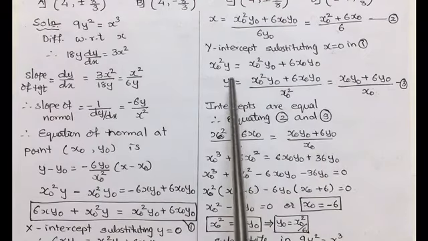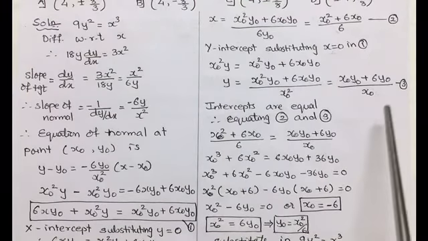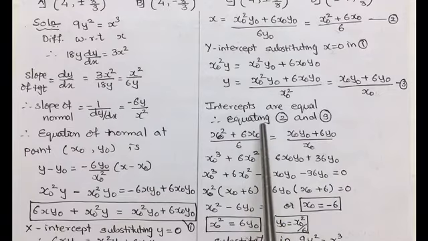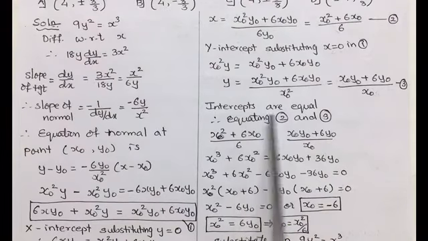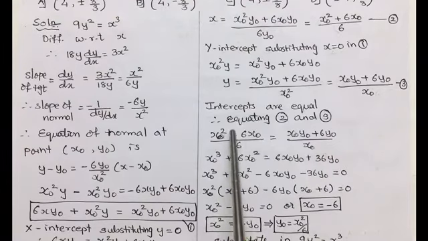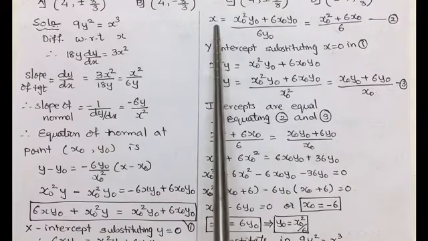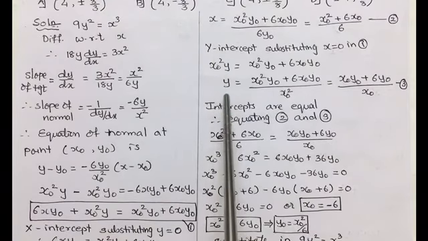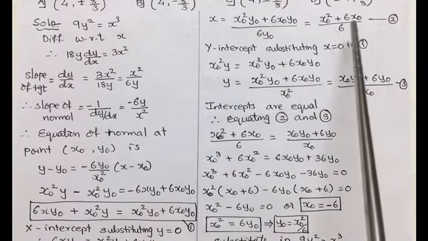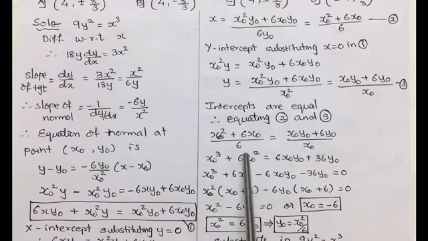We have marked this statement of y as 3. As it is said that they cut equal intercepts, we equate 2 and 3, because equal intercepts means x and y are equal, equating both for calculating the values of x0, y0.